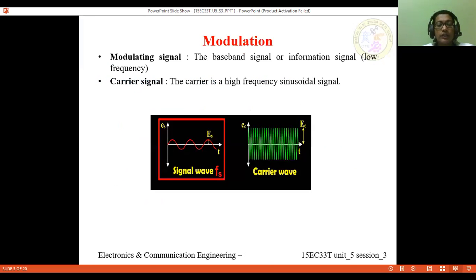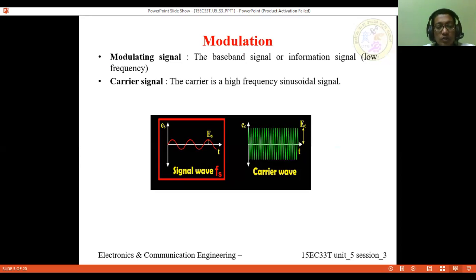In the previous sessions, we discussed the electronic communication system, including baseband as well as broadband communication. We understood that the baseband is nothing but an information signal, that is, the original signal that we are going to transmit.